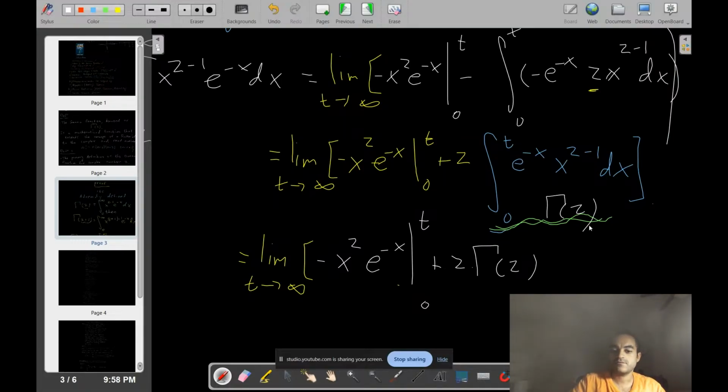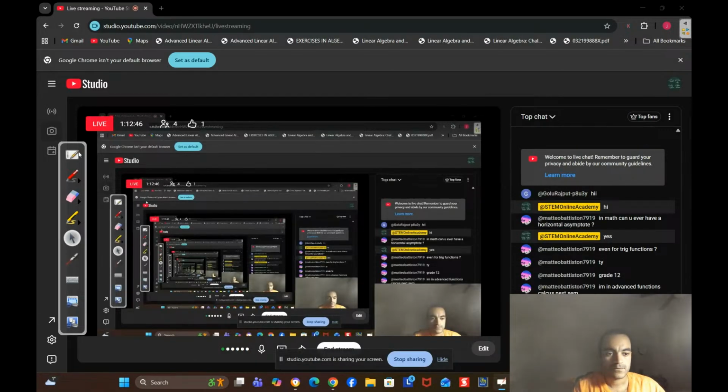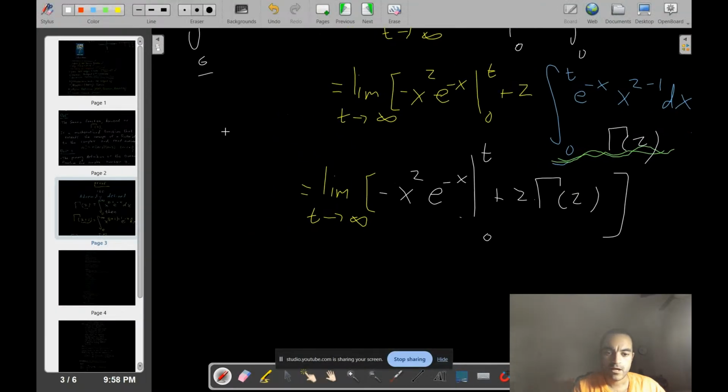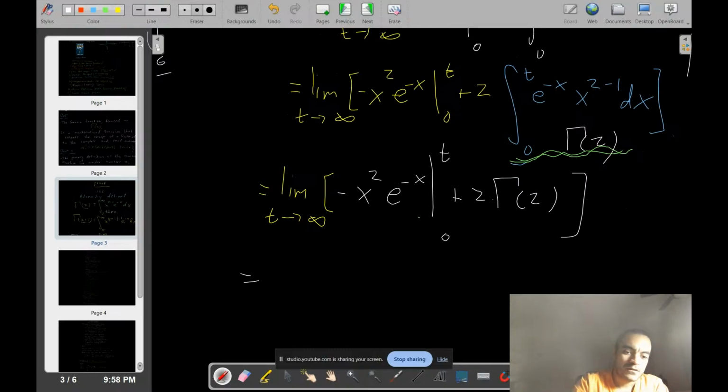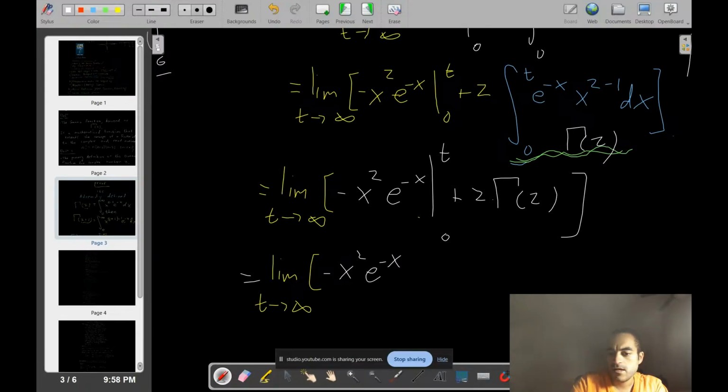Does that make sense? Okay, so this is what we've got right now. And this is just the limit as t approaches infinity. We have all in square brackets, minus x to the z, e to the negative x, 0 to t.